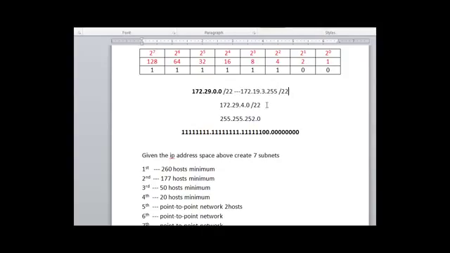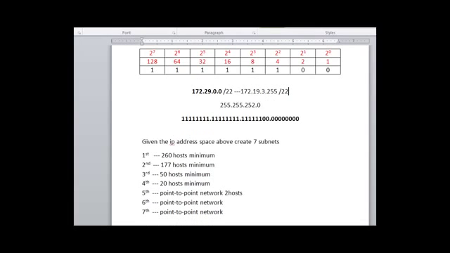Okay, so that is the space that we're given. All right, so we have to create 7 subnets between 172.29.0.0 and 172.29.3.255. So we're going to carve up this space, essentially. All right, so now how do we do that?